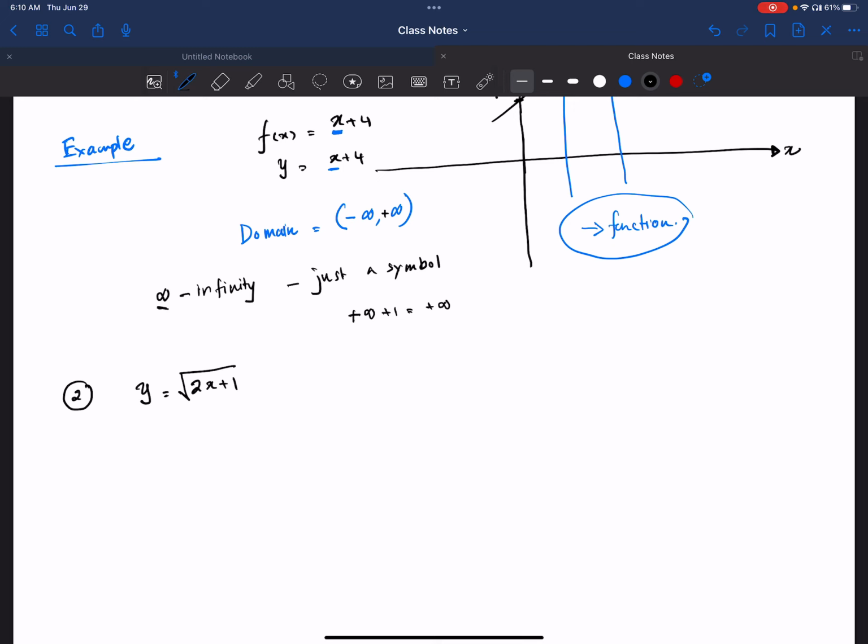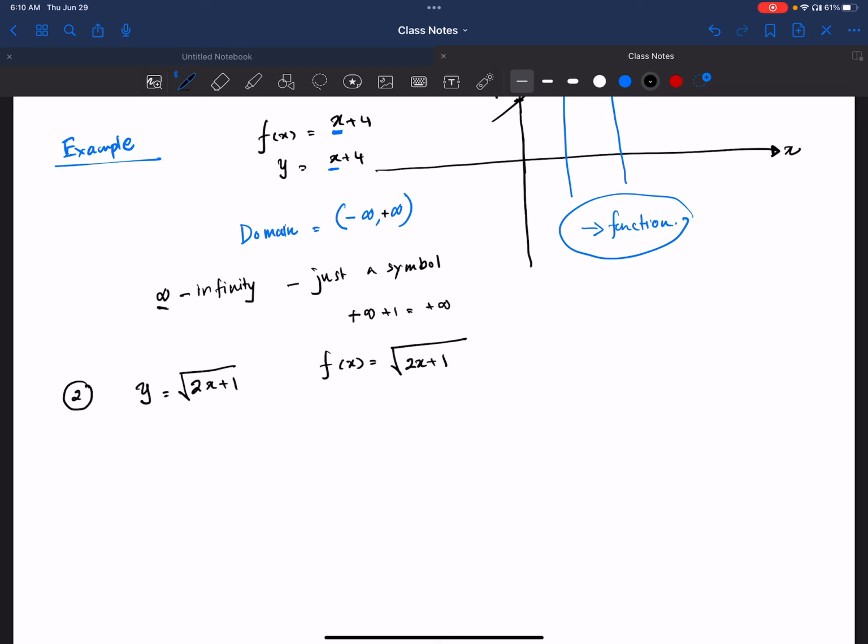So now y, or you can define it as f(x). f of x is equal to the square root of 2x plus 1. Now f of x should always have a real value, okay?